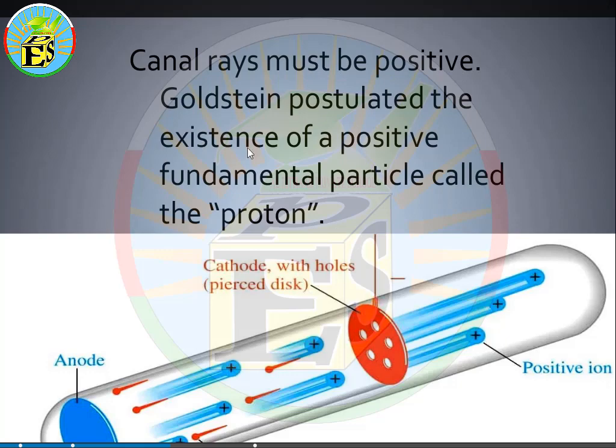Goldstein postulated the existence of positive fundamental particles called protons. Electrons, the red particles, come from the cathode to the anode. Also, there are particles emitted from the anode to the cathode. These particles have positive charge. We call them canal rays, and they are called protons.